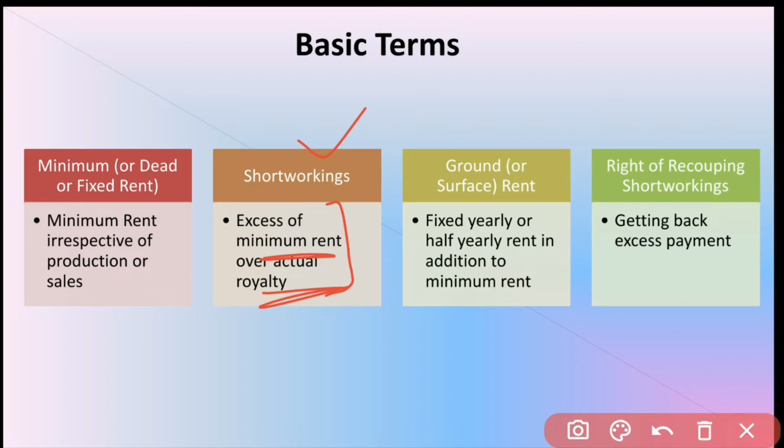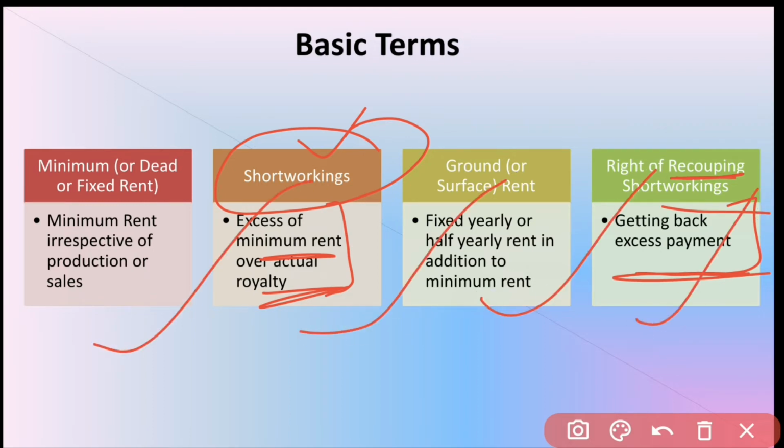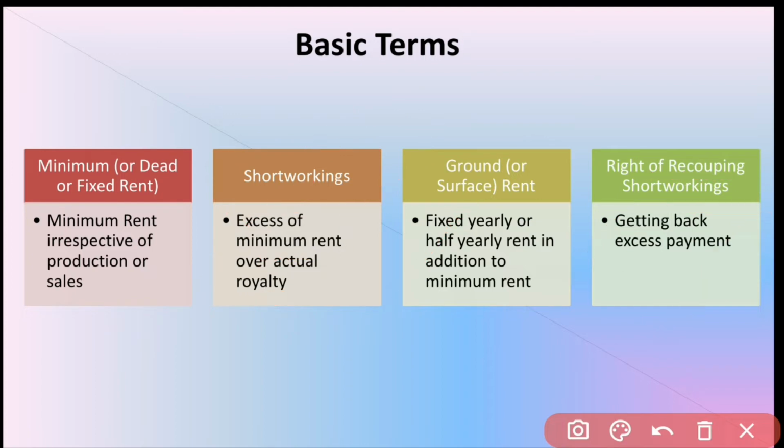He can say that you can recoup, that means you can cover up your short workings in the forthcoming years. So the right of recouping short workings is getting back the excess payment. I will explain all these terms with the help of the illustration. You will understand it easily.